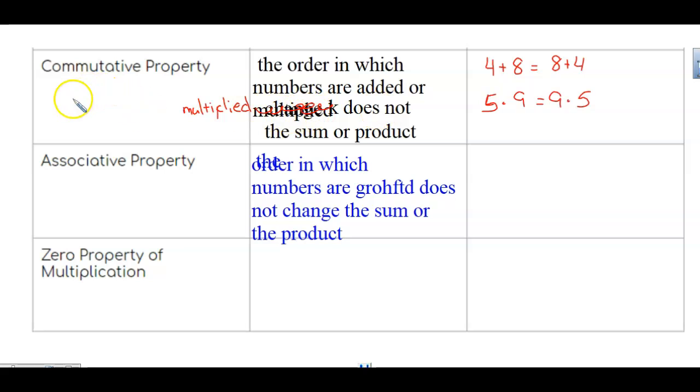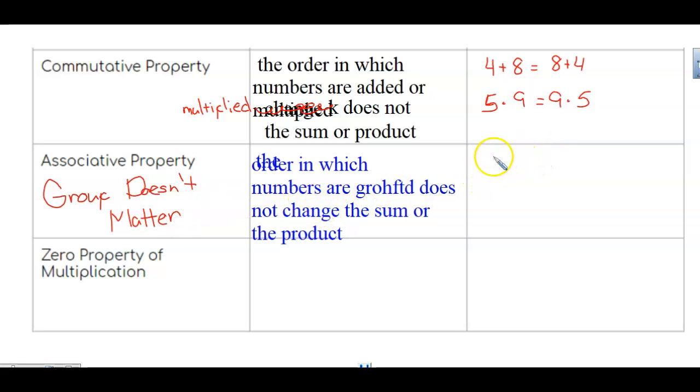Okay, and I guess I want to write this really big. Group doesn't matter. Okay, and you should be writing this in the exact same spot I am.